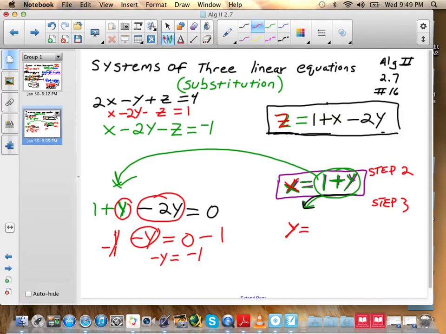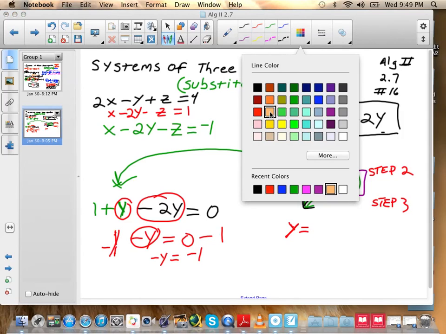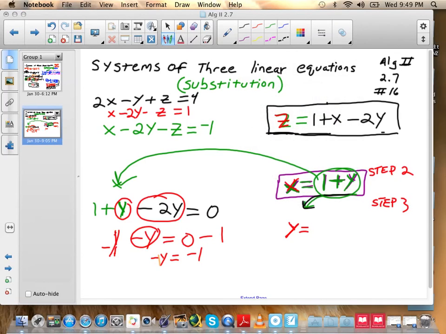But I don't want to leave that variable as a negative. So what is negative y really? Well, it's really negative 1y. You see that? It's really negative 1y, like an invisible 1. So if I divide out the negative 1, and what I do to one side, I do to the other, that cancels the negative sign, and it leaves me with positive y, right?